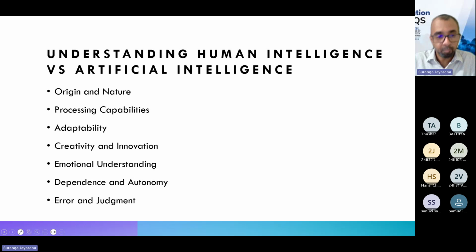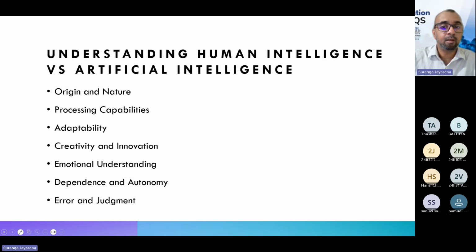So emotional intelligence is a very important element that you should develop in yourself to become successful, because it will be challenging for AI to fully mimic.